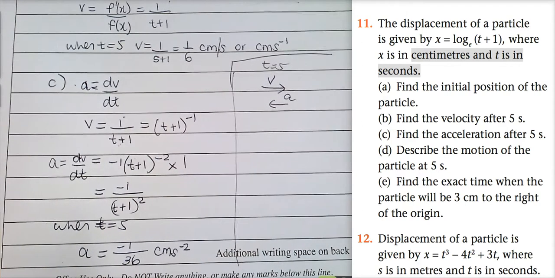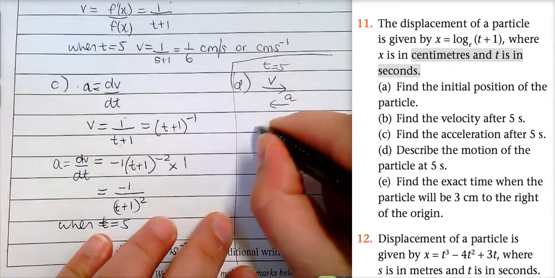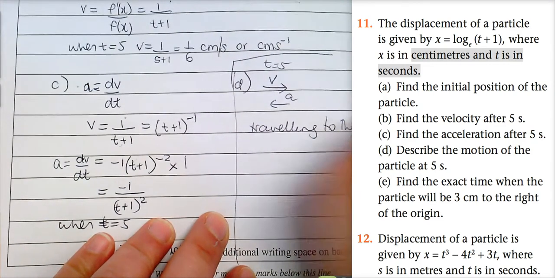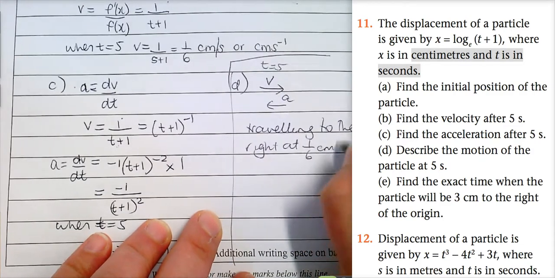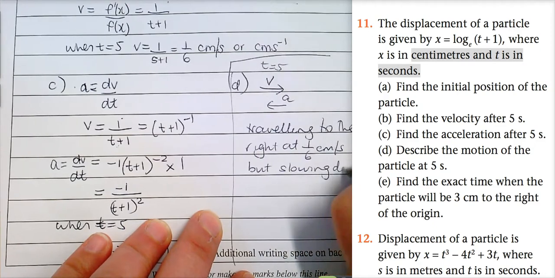Good. So describe the motion of the particle at t equals 5. It's travelling to the right at 1/6 centimetres per second, but it is slowing down, or you can put decelerating.